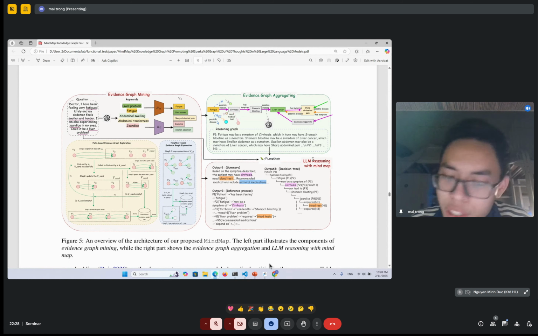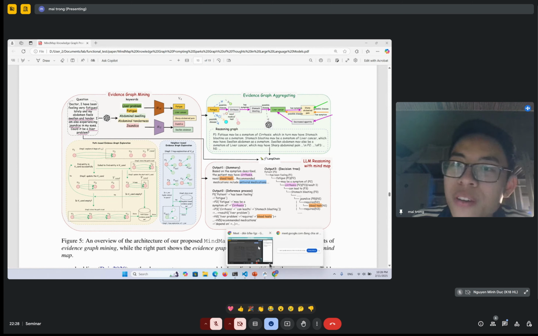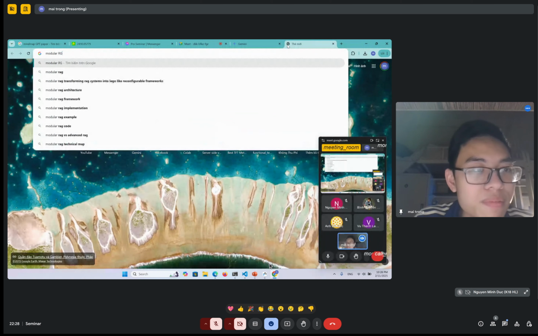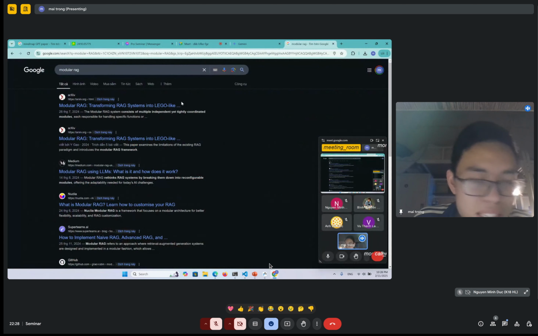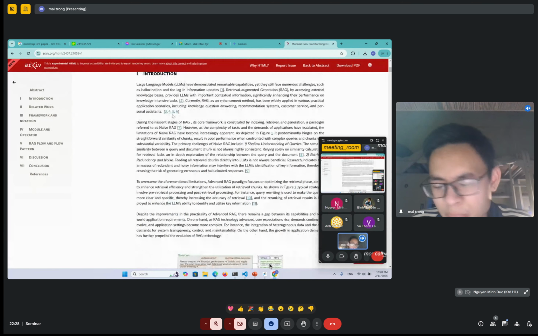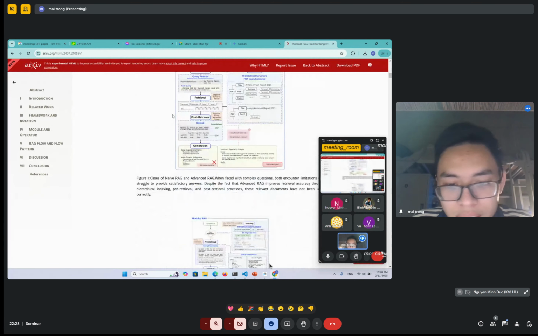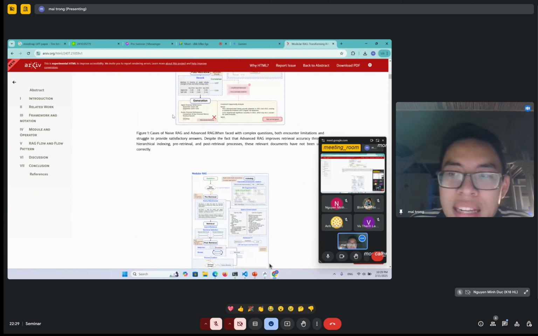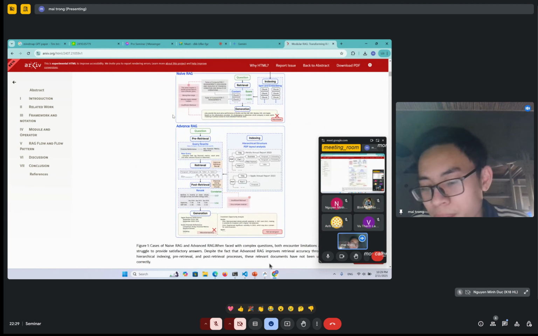But in some research, let me show you, it's called modular RAG. In this kind of paper, they take a very advanced approach because they know that the query from the user is diverse and has very different context.